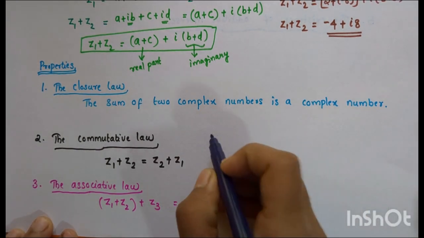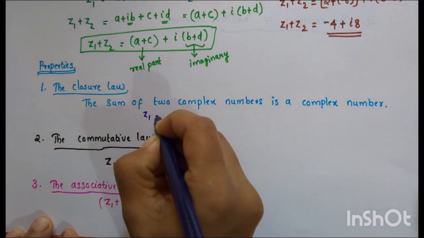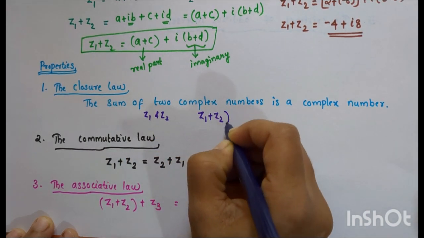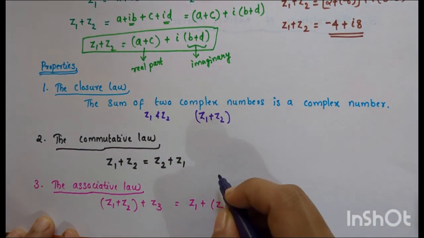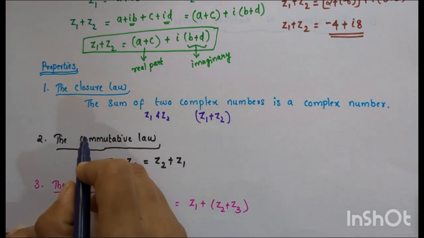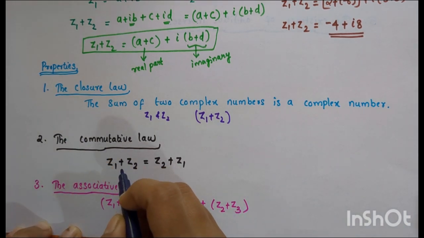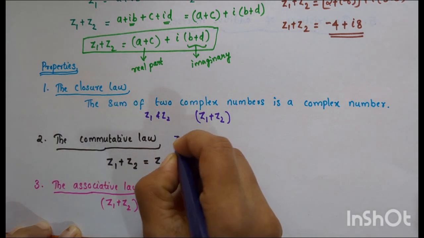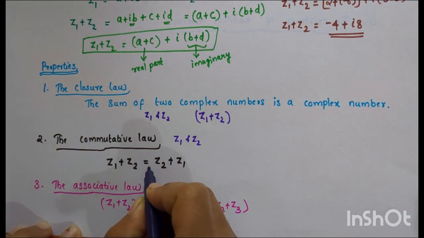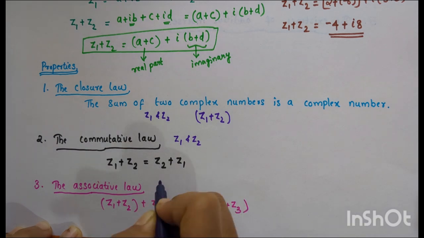That is, for any two complex numbers z1 and z2, their sum, which is z1 plus z2, is again a complex number. Okay, now the second property is the commutative law. That is, for any two complex numbers z1 and z2, z1 plus z2 will be equal to z2 plus z1.